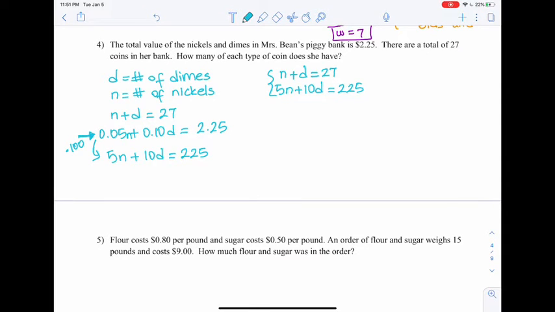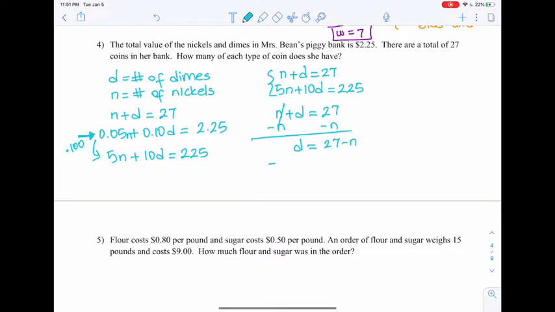I'm going to isolate one of them and substitute in the second equation. So I'm going to use N plus D is equal to 27 and subtract N from both sides. From here, D will be 27 minus N, and I'm going to substitute this for D in the second equation.